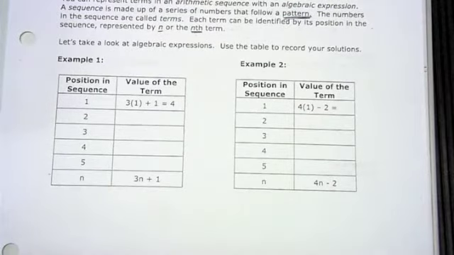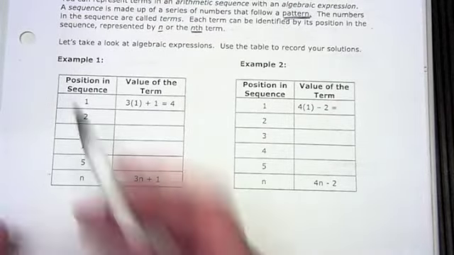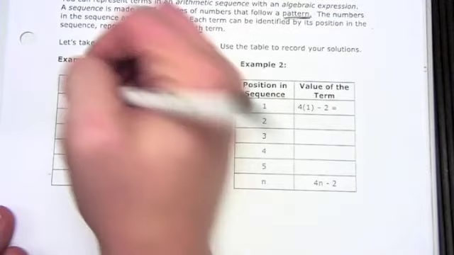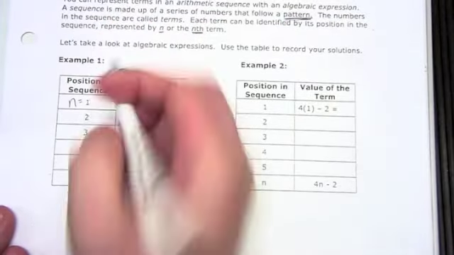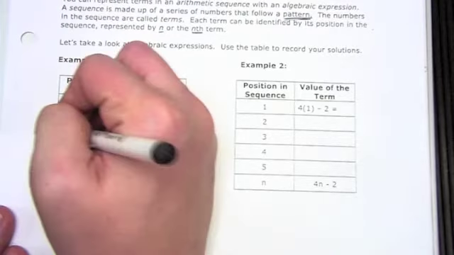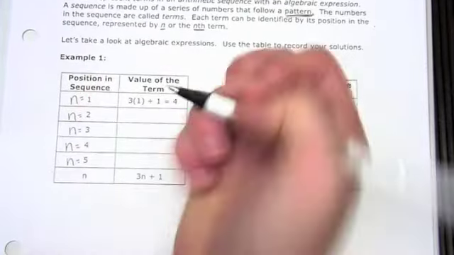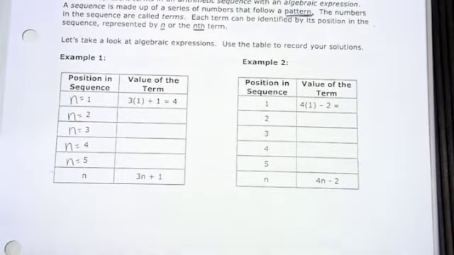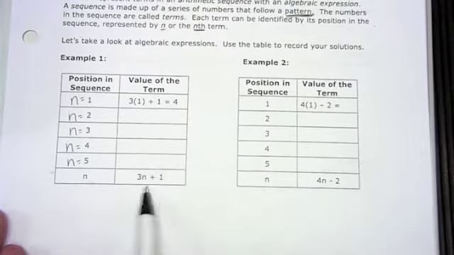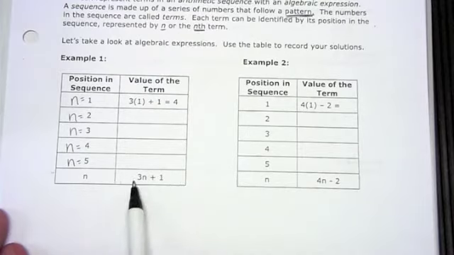Example 1, if you'll remember from our vocabulary, the position is always n. So here, n equals 1, n equals 2, n equals 3, n equals 4, and n equals 5. We're going to use that information to fill in the table. If you look at our expression, it's 3 times n plus 1.